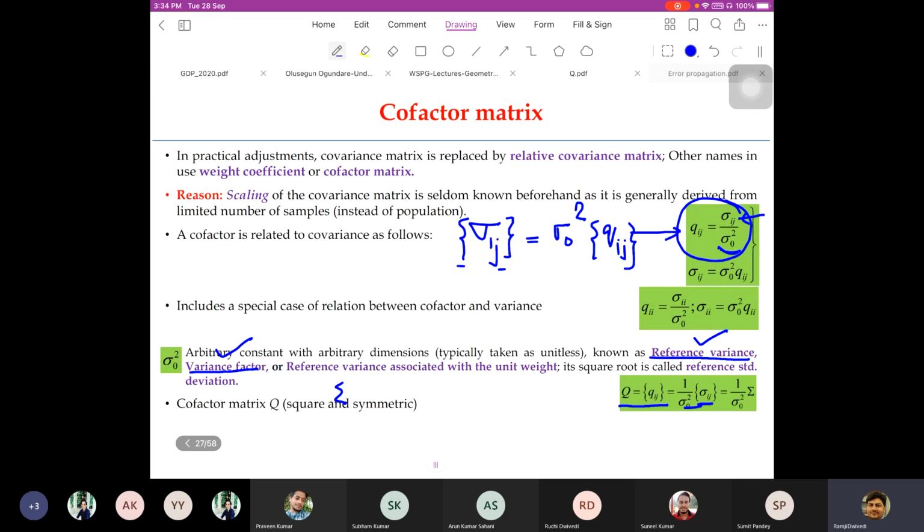So popularly we write it like this. I hope it is now very clear.